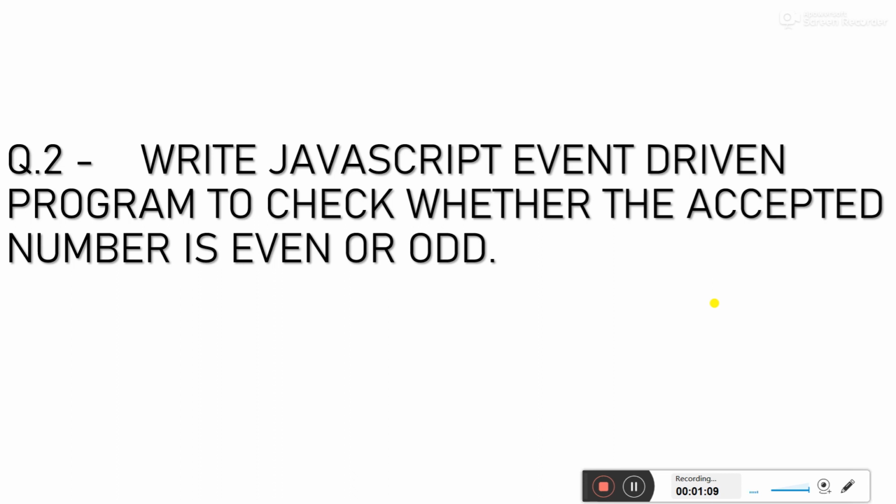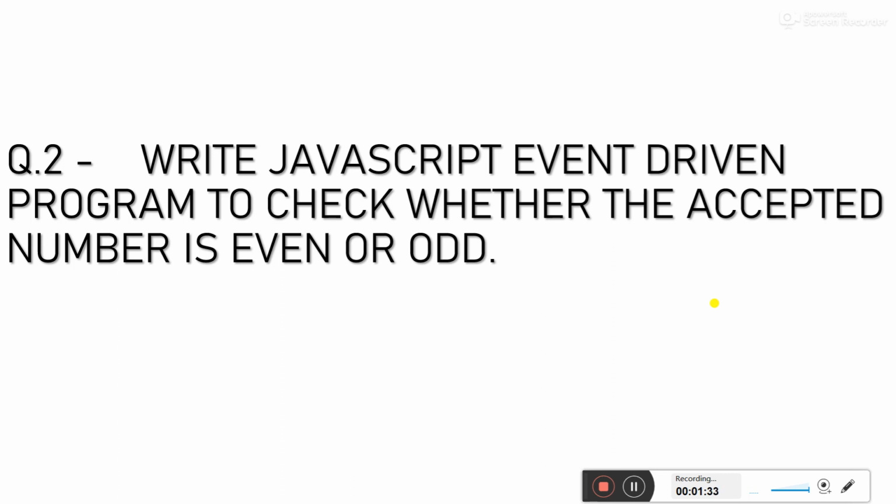If the accepted number is even, we need to show an alert message to the user that the accepted number is even. And if that number is odd, then we need to show that the accepted number is odd.